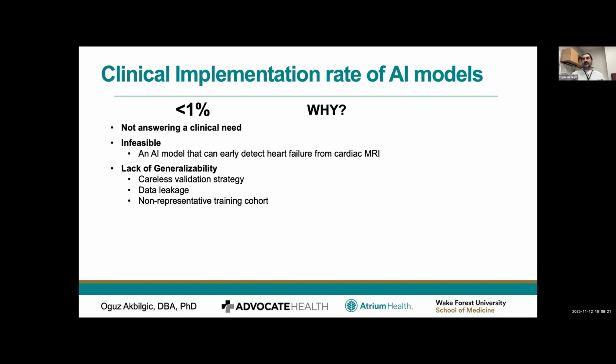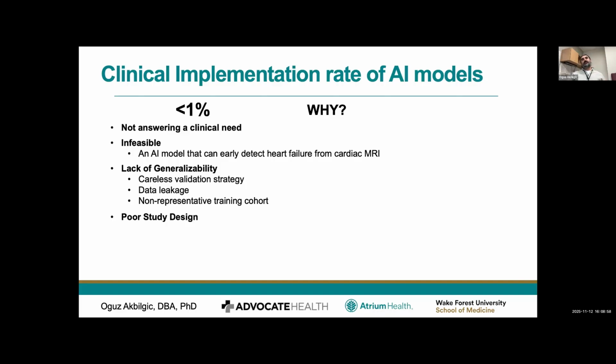It may be due to a careless validation strategy that causes data leakage, or the model may be trained on a cohort that is different than the cohort of intended use, so the learned patterns are specific to that cohort, but don't generalize to the other cohorts that we are interested in. But of course, poor study design also contributes to thousands of AI models never making it into clinical implementation.